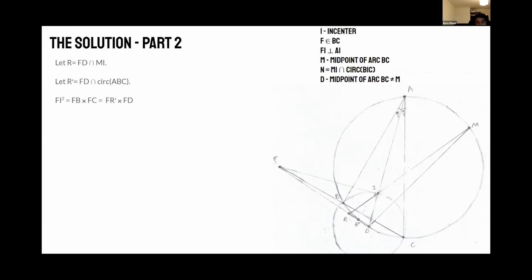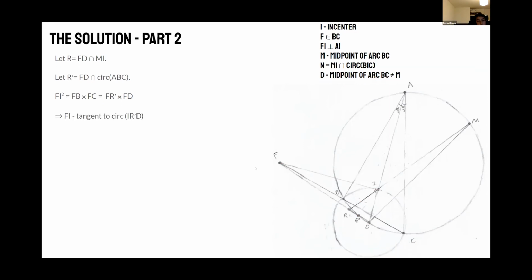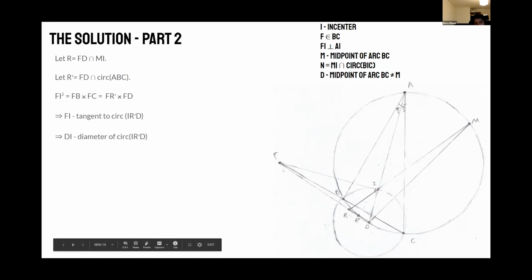And now we have that DI is a diameter, as angle FID is 90 degrees, and FI is tangent to the circumcircle of I, R prime, D at I. And this just uses that a tangent is perpendicular to the radius.